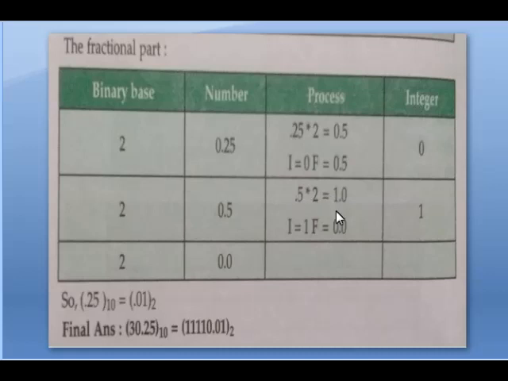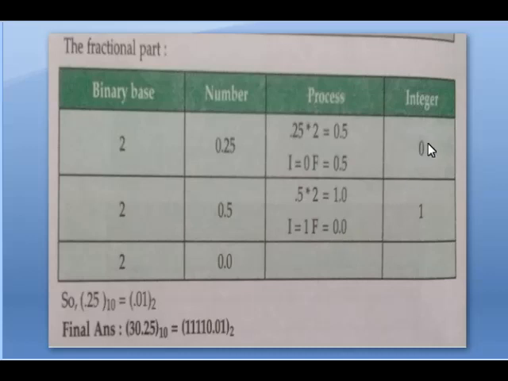Here we have to write the integer part. The fractional part becomes 0. So there is no need to multiply again the given 0.0 by 2. Here we have to stop. So we have to write the fractional part from top to bottom, that is 0, 1.